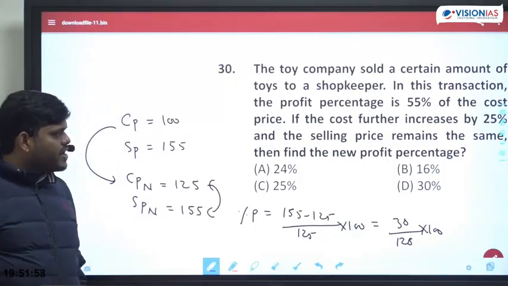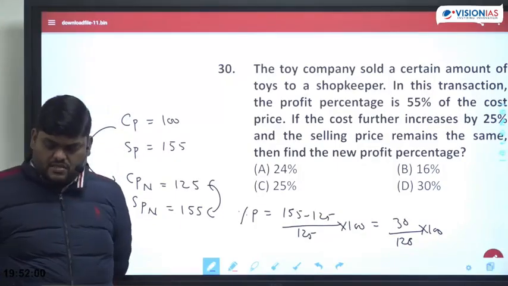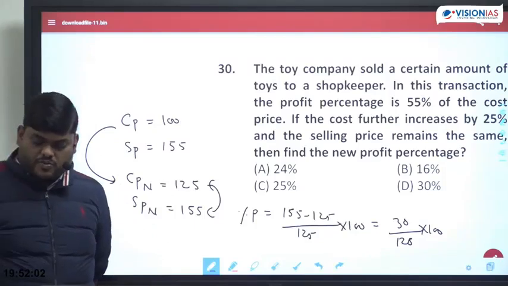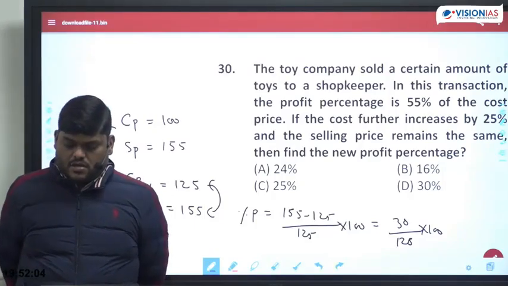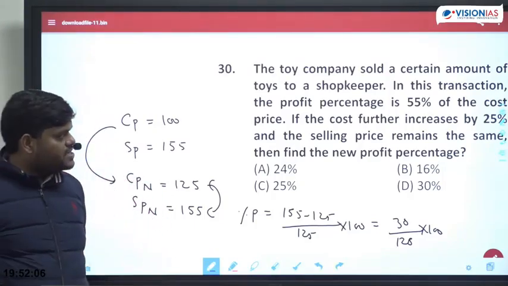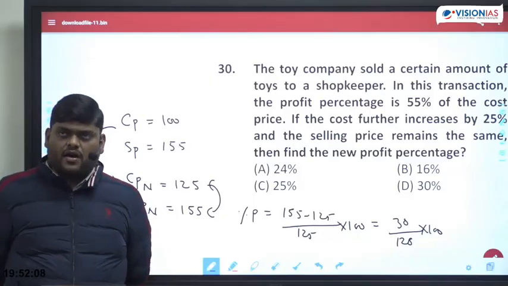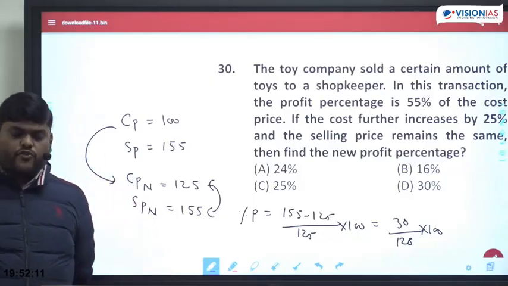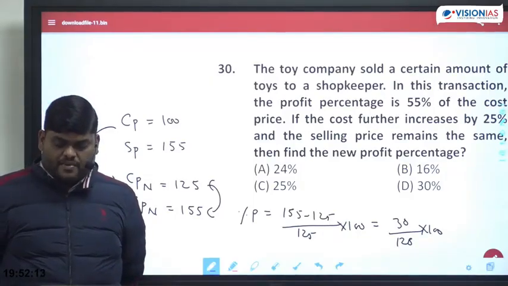You can solve this thing, you can find 24, I think, should be the answer. 24% should be the answer. A simple, conceptual one, this kind of question can come in the examination.